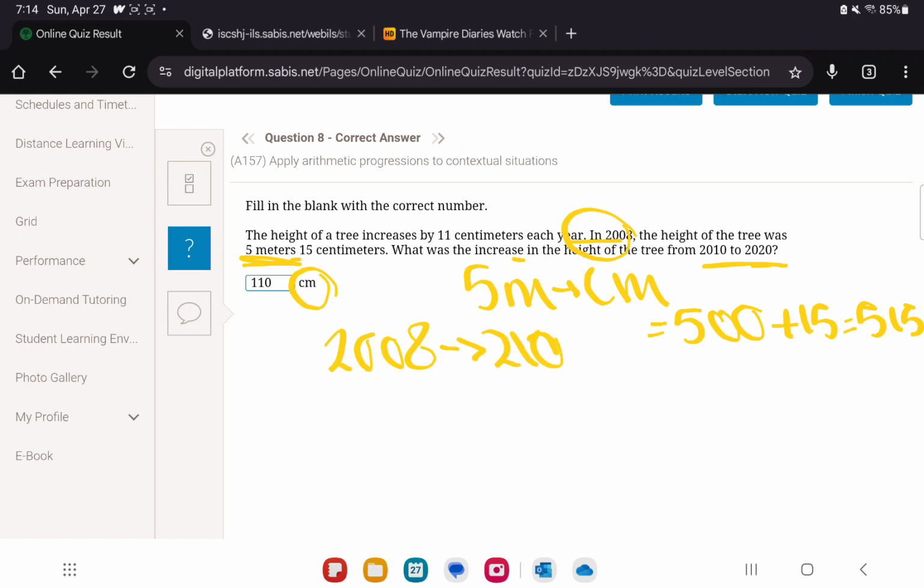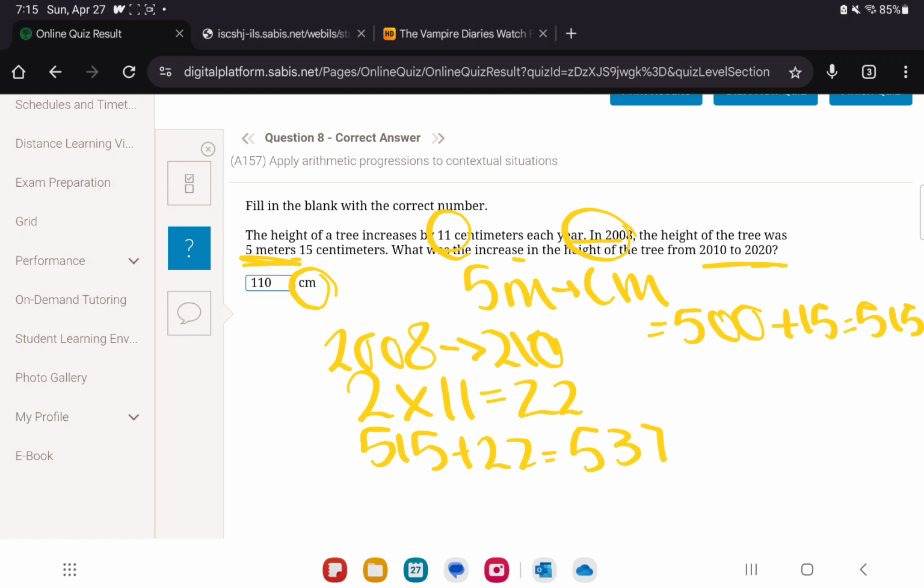It's 2 years, okay? So 2 times, it increases by 11 centimeters each year. So 2 times 11, which is 22. So 515 plus 22 is 537, okay? So that's the number in 2010.